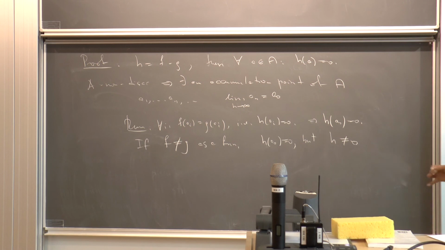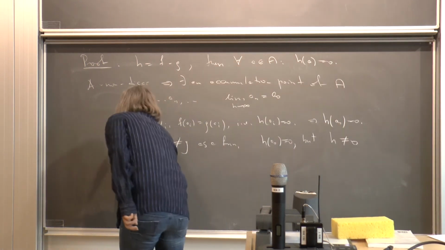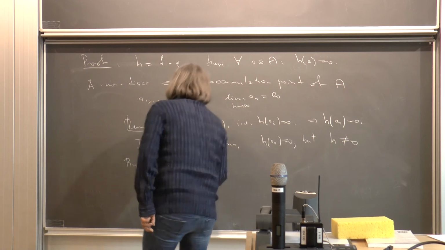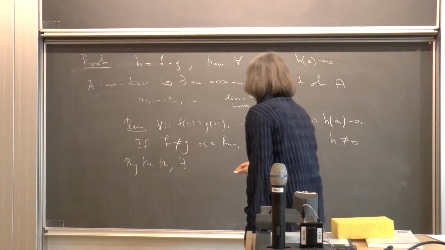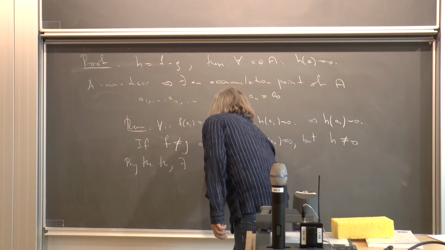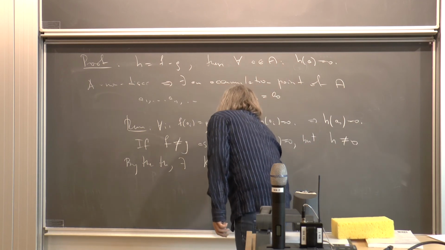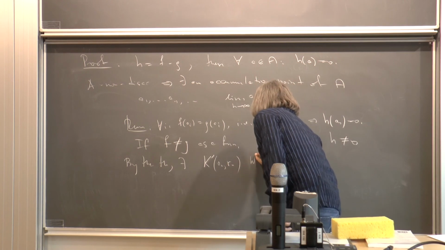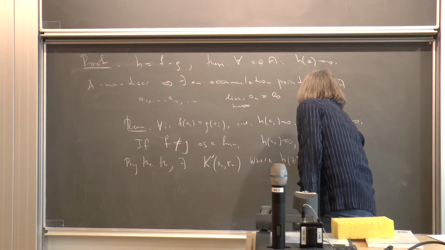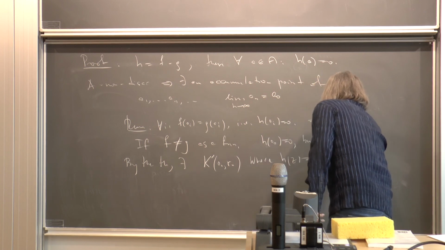Use the previous theorem. There exists a punctured disk K prime a0, let's say radius r0, where h of z is not 0 for every z in this one.